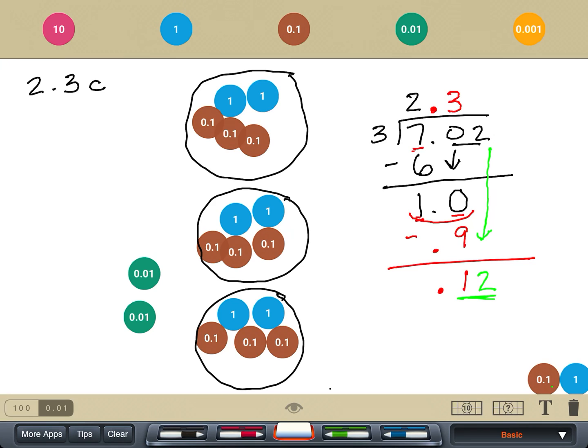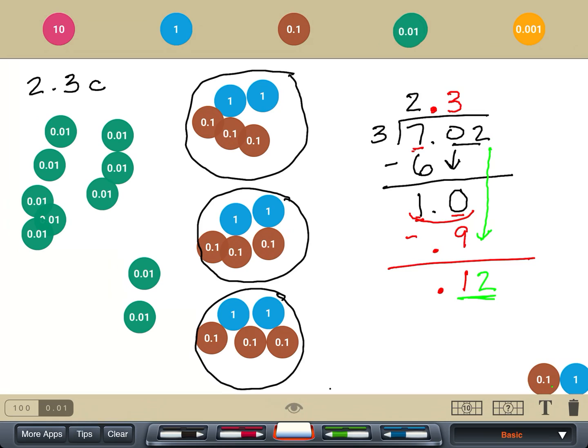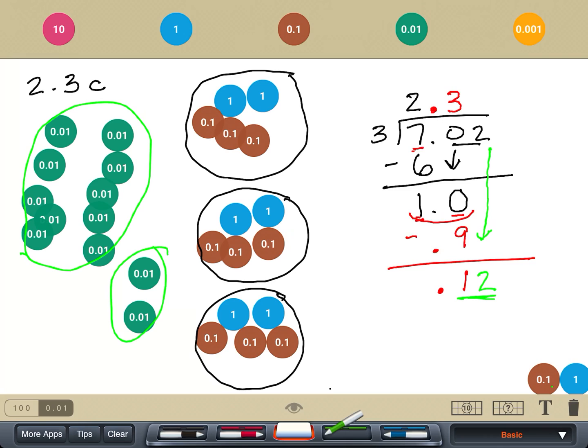We're done with him. We're going to bring 10 more over here: 1, 2, 3, 4, 5, 6, 7, 8, 9, 10. Now we have 10 hundredths plus 2 more hundredths. So we actually have 12 hundredths here. We need to divide these 12 hundredths into 3 groups.